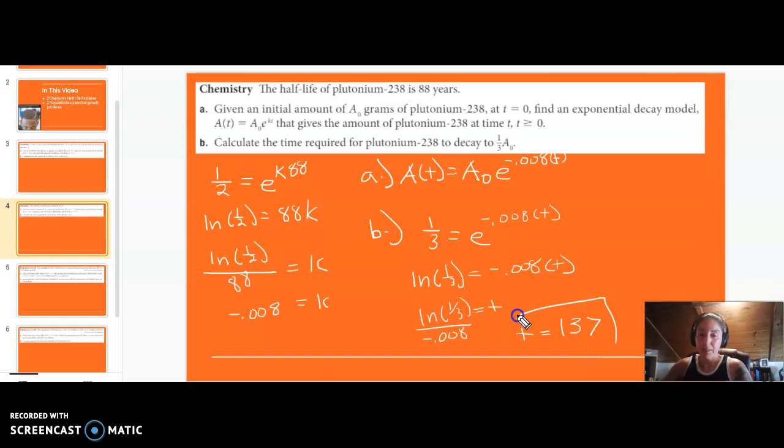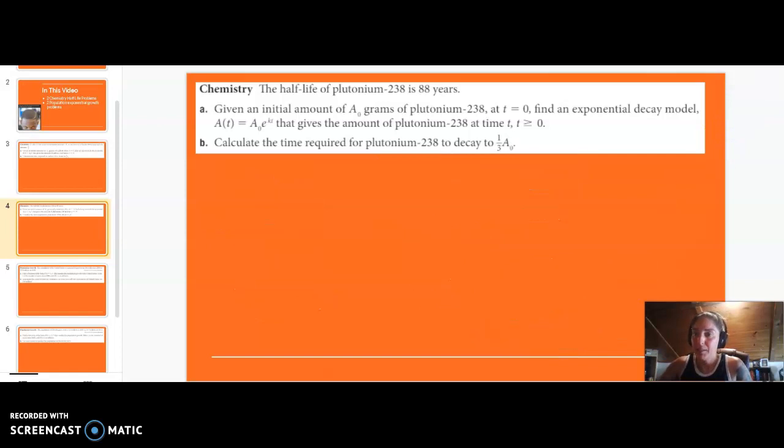So 137 years. So here is our decay model, and here is how long it would take for the plutonium to decay to 1/3 the amount. Alright, so that was decay.